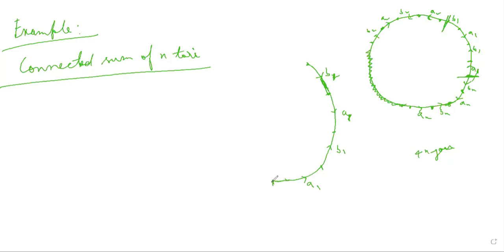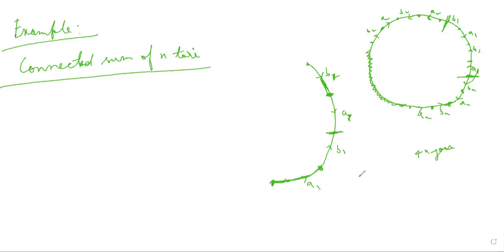This portion is identified with this portion. So what will you have then? If you identify this portion with this portion, and how will you identify this? This point will be identified with this one, and then this one will go to here and so on. This one will be identified with this.